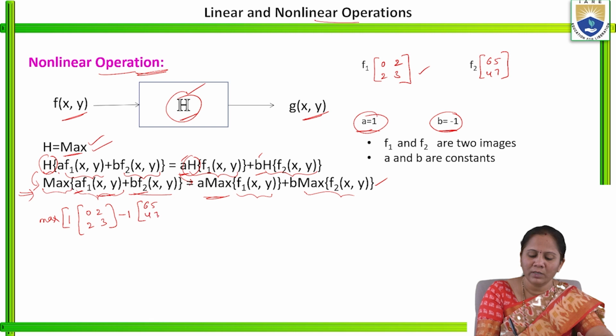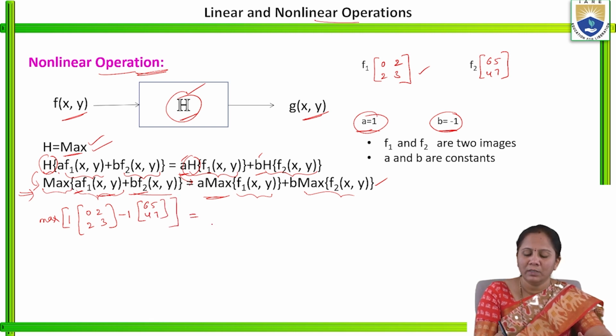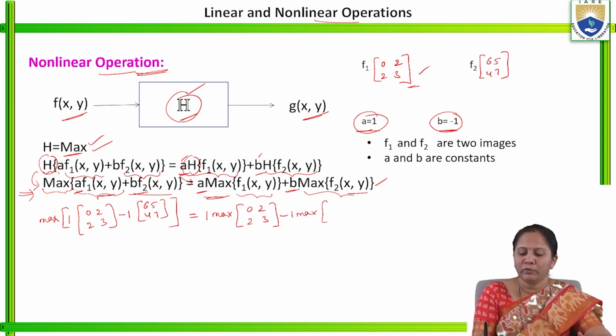This is equal to, a means 1, max of f1 of x comma y, whose values are 0, 2, 2, 3, plus b into, b value is minus 1, maximum of f2 of x comma y, where f2 of x comma y has values 6, 5, 4, 7.